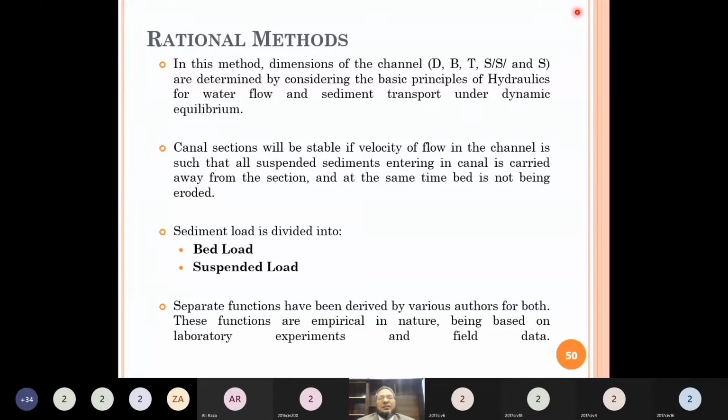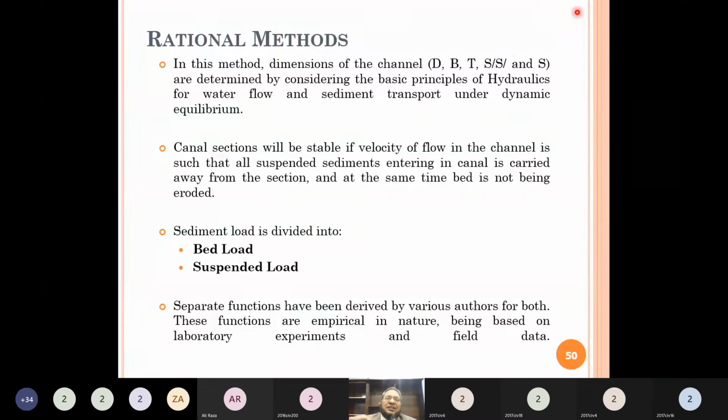Whenever we design an earthen channel wrongly, what could happen? Either the sediments will deposit inside, and what will happen when the sediment deposits inside the channel? It will reduce the cross-sectional area of the channel. Yes, sir. And the stage is fixed.